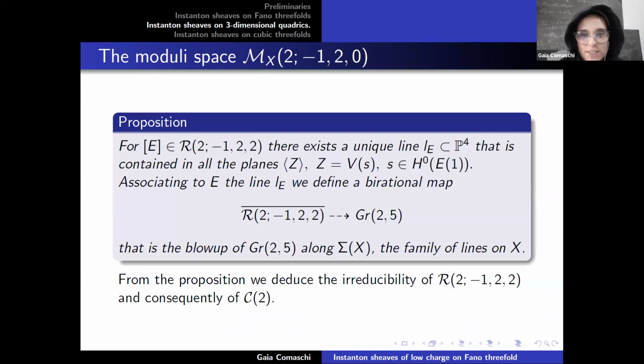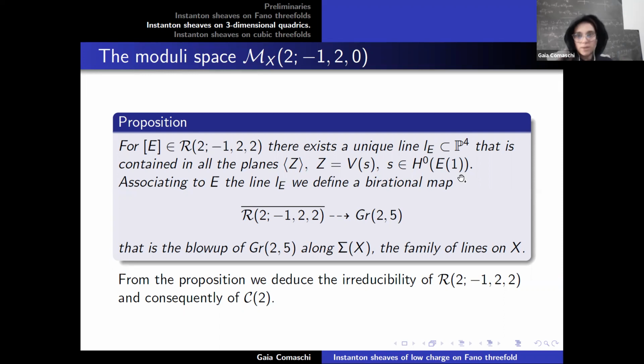Moreover, we can give a nice characterization of all of this 2-dimensional family of curves associated to these reflexive sheaves. Indeed, for each E in this family, we have a unique line in P4 that is contained in all the planes spanned by the conics of this form, so, as usual, the zero loci of a global section of the twist.